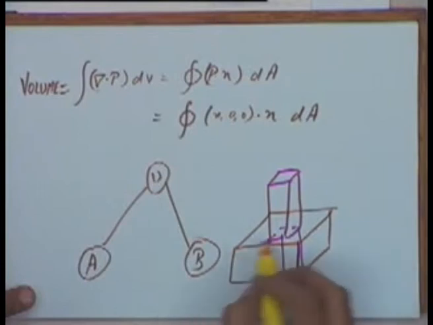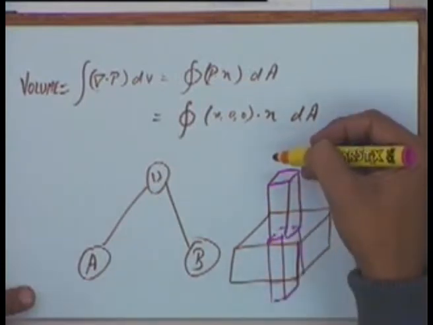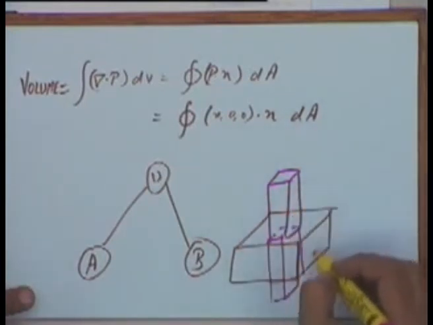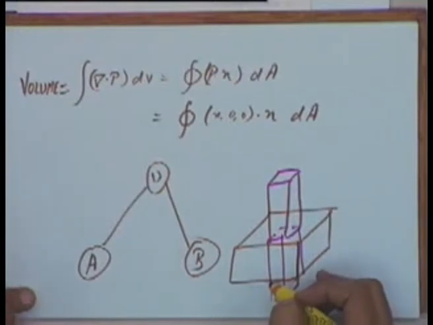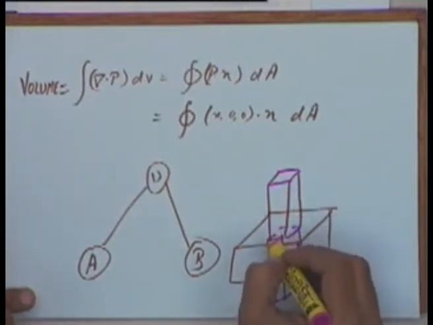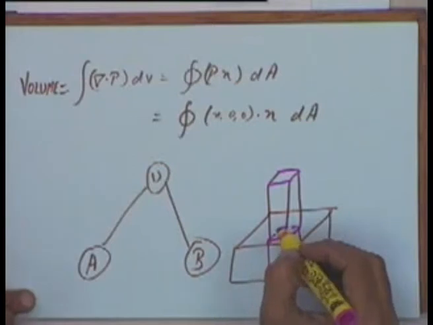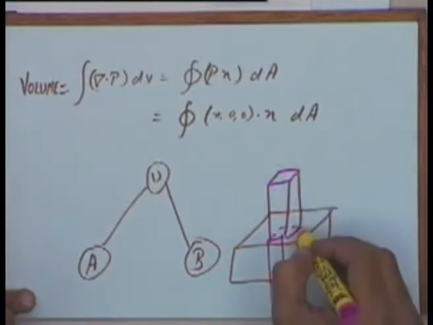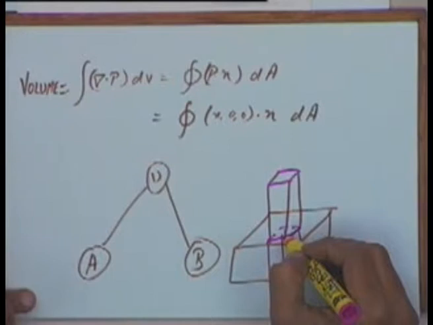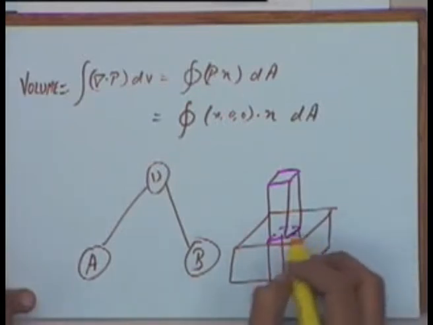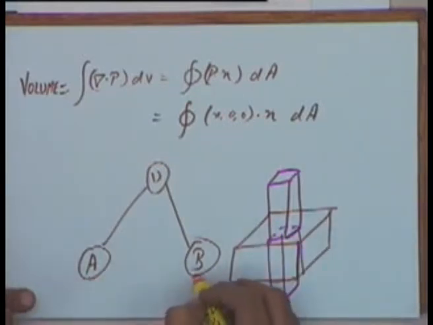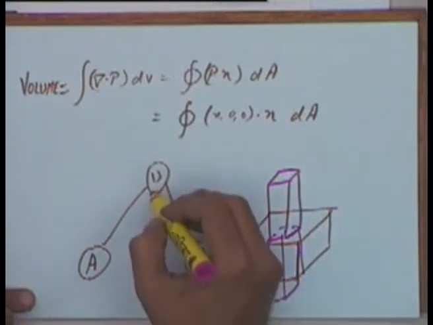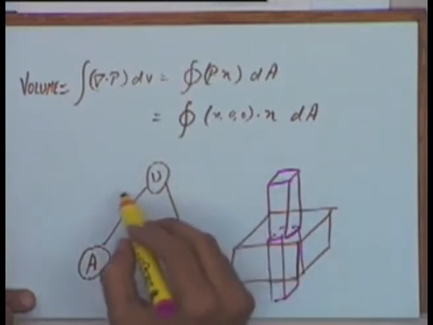Once I do the union, I get this block with a handle on top. I'll have to get the B-rep model for this complete solid, which will be this top surface with a cut in between, these vertical surfaces only up to this point, and so on. Just by looking at the B-rep of A and B-rep of B, I cannot find the volume of A union B. I have to get the B-rep of A union B.